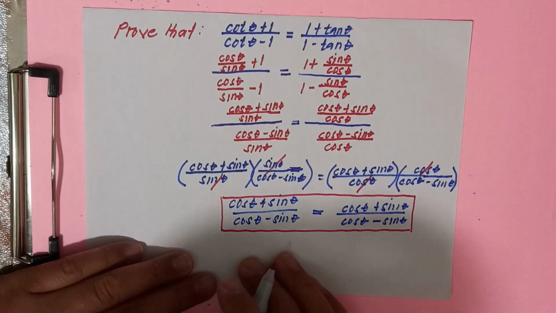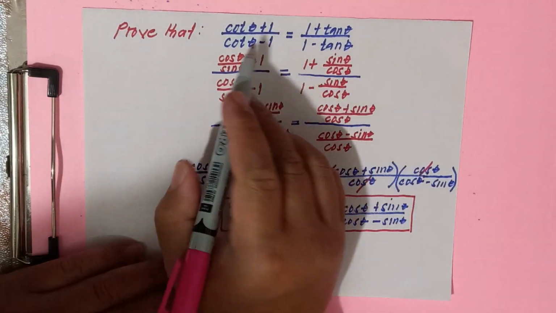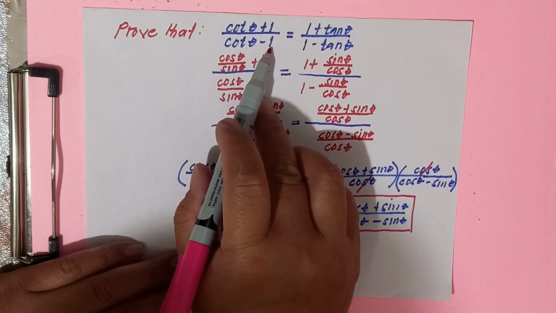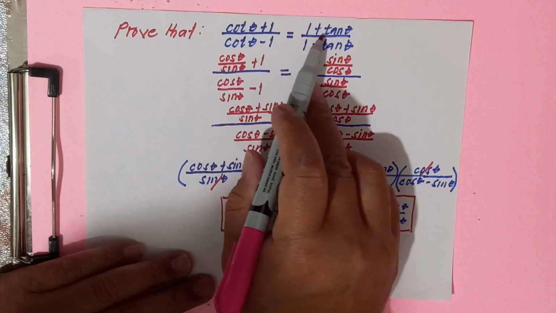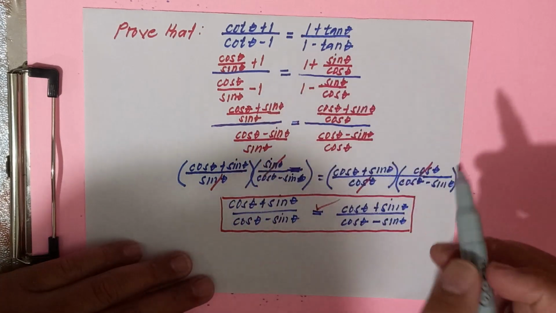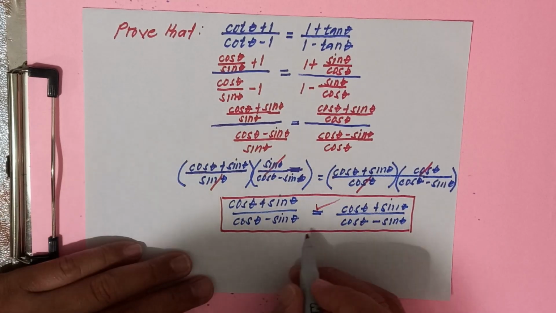And so that if they are the same in form, we can say now that cotangent theta plus 1 over cotangent theta minus 1 is equivalent to 1 plus tangent theta over 1 minus tangent theta, because the results in here are the same. They are the same in form.